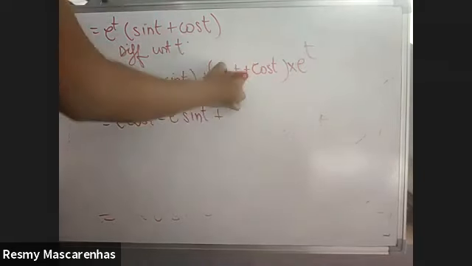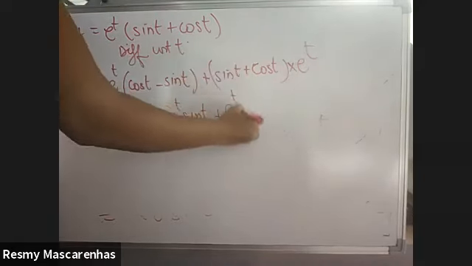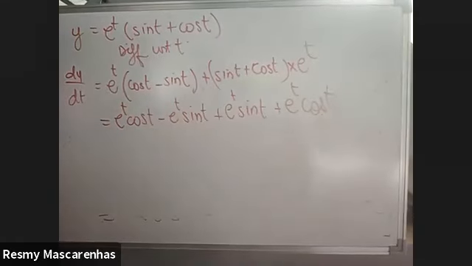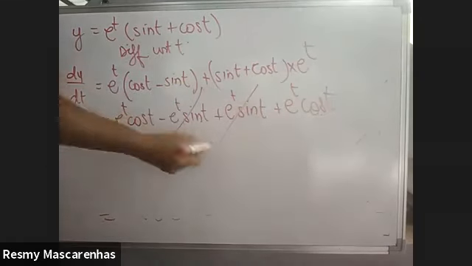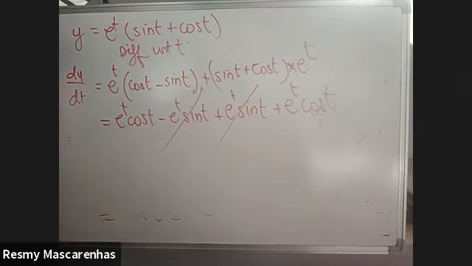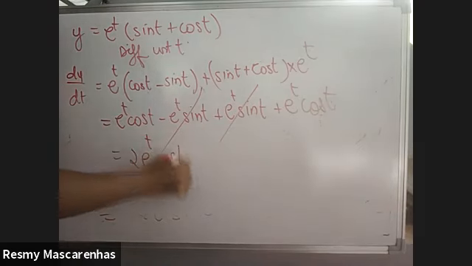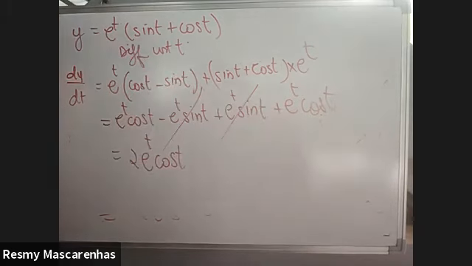Plus e raised to t sin t, e raised to t cos t. Sin and sin will cancel. Same terms, so 1 plus 1 will give you 2 e raised to t cos t.